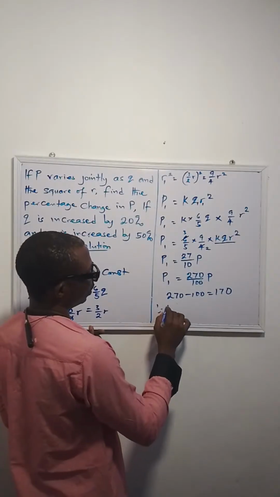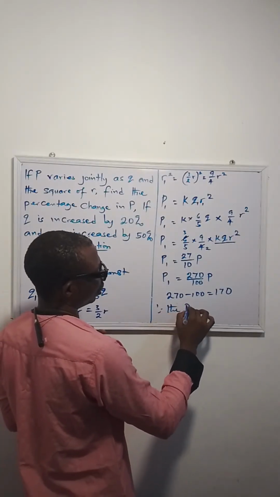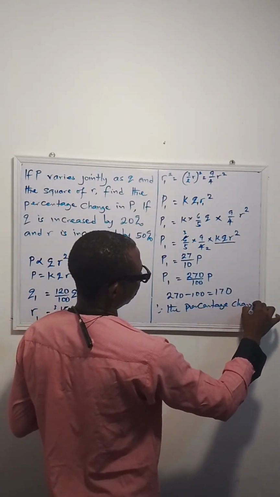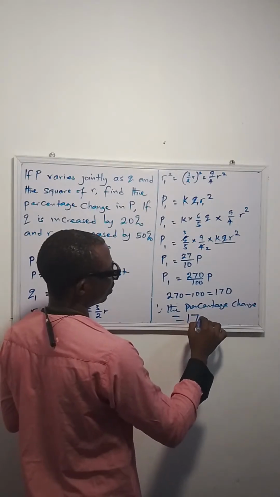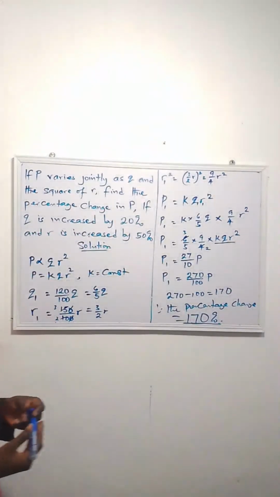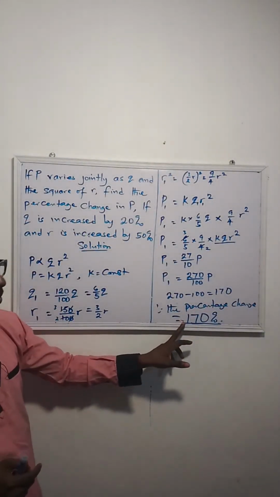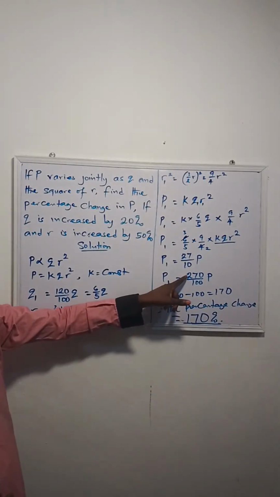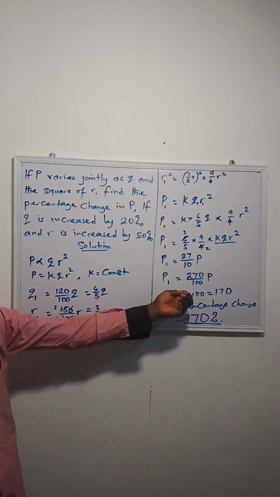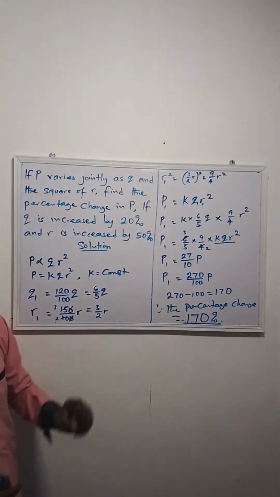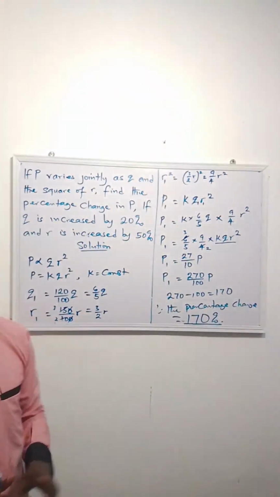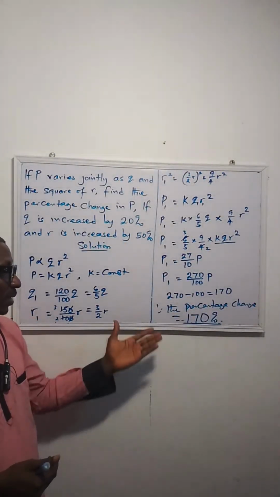So therefore the percentage change is equal to 170%. So this is going to be the answer to the problem. I want to believe you all understand that. The increment here is 170, and that is the change. So that is the answer to the problem.